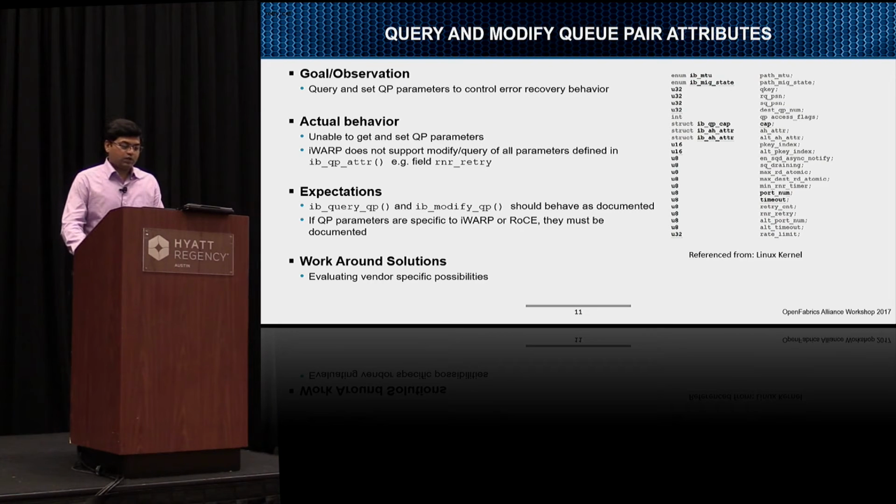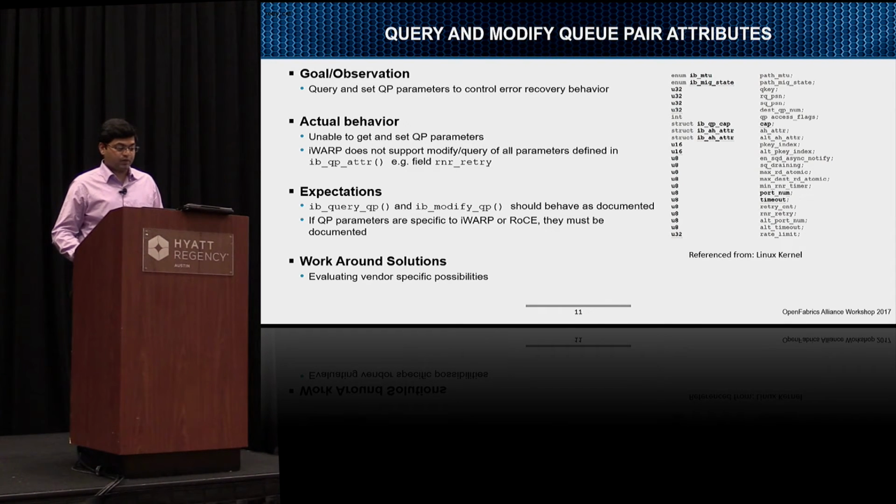The next one was with querying and modifying QPair attributes. Again, our application is very sensitive to timeouts, and we wanted the ability to control QPair parameters, especially for error recovery. We were unable to get and set QPair parameters.